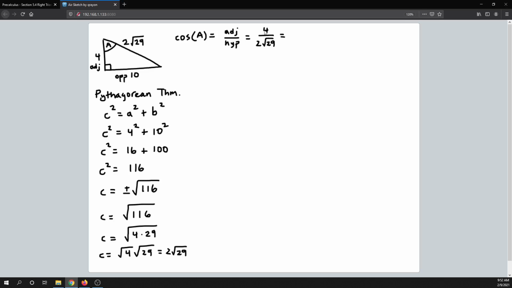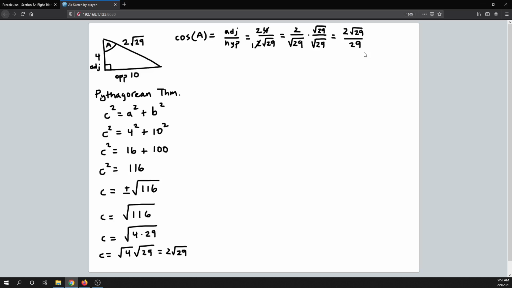We have a common factor of 2 between the top and the bottom. So 2 goes into itself once, it goes into 4 2 times. So that's 2 over square root 29. And then rationalizing that, you would multiply top and bottom by the square root of 29. So you get 2 square roots of 29 over 29. Square root 29 times square root 29 would be the square root of 29 squared, which just comes out to be 29.